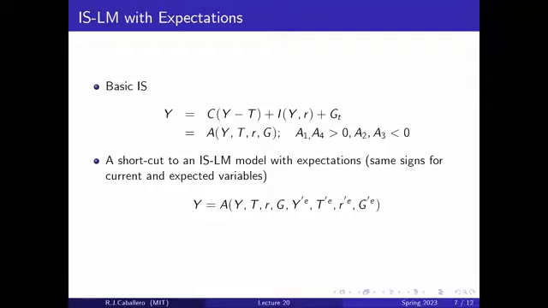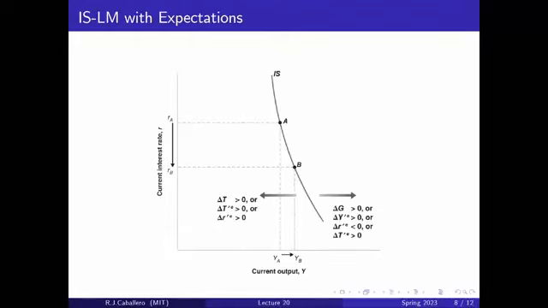It matters what taxes they're paying today, but also what they expect to pay in the future. The interest rate matters not only today, but also what they expect the interest rate to be in the future, and so on, okay? So the bottom line is that if we now look at the ISLM model, now we have lots more parameters.